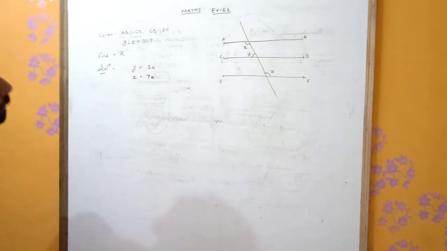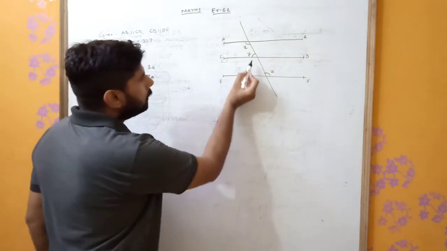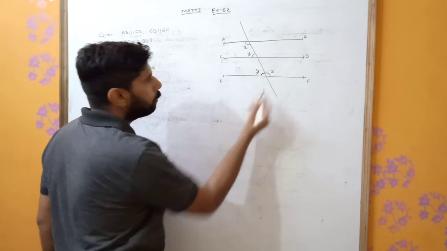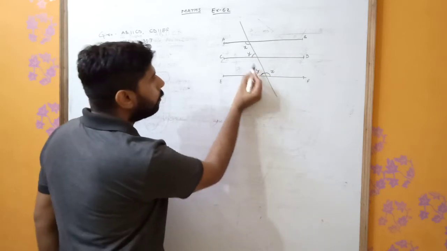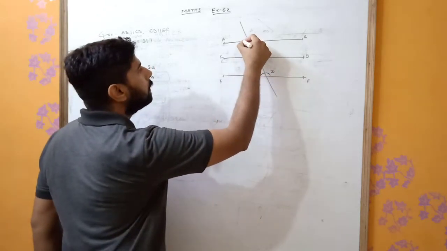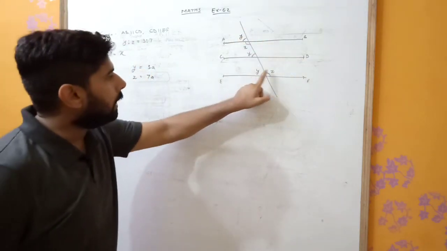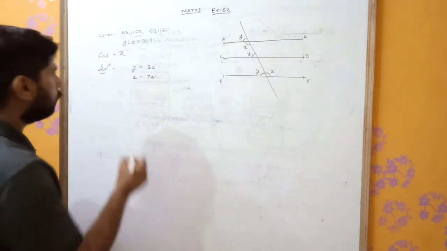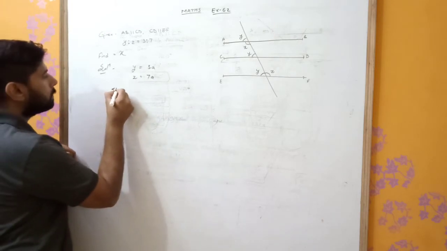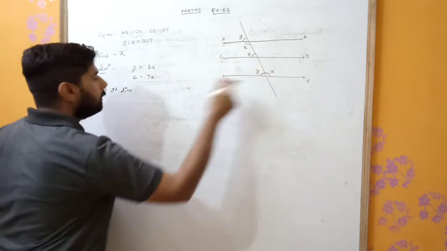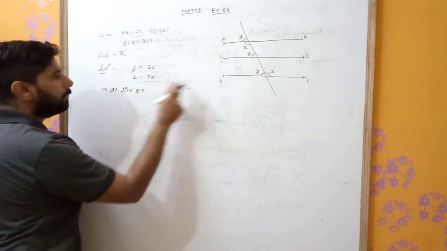We have the value. Yes, if this is y, then this is also y. Corresponding angles are equal. This will also be y, this will also be y, and above this this will also be y. So y and z means that are equals to 180 degree. So by straight line, EF is a straight line.